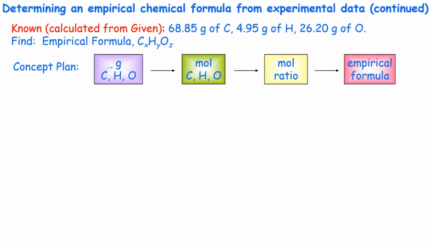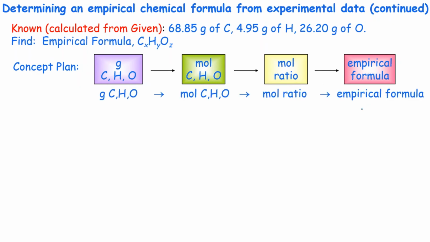The concept plan: first we convert from grams of each element to moles of each element using molar mass right here. And then we convert further to the mole ratio. Basically we divide all of the moles by the smallest mole value, and then we should be able to get the empirical formula.